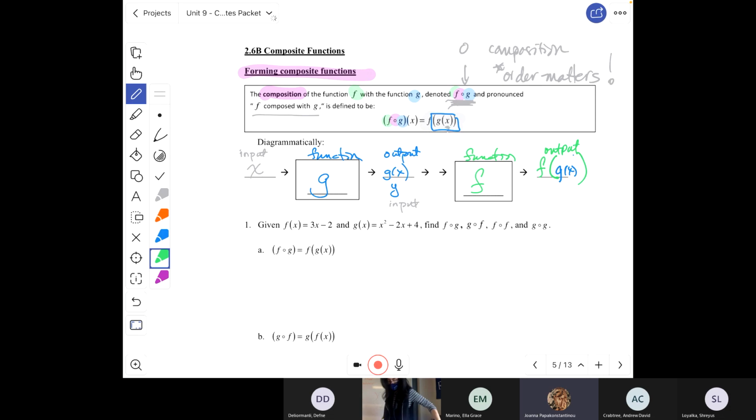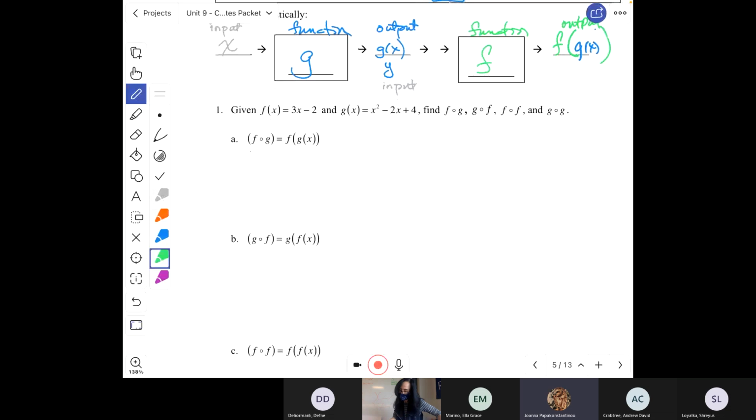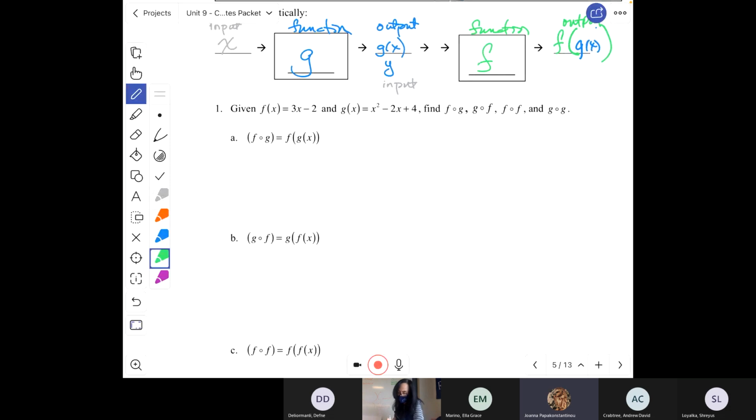All right, so let's take a look at this. Now I say that when we make the diagram, but it's going to sound contradictory when we actually start algebraically trying to take the compositions. So you've been given the same two functions. You have f, which we said was a nice linear function.